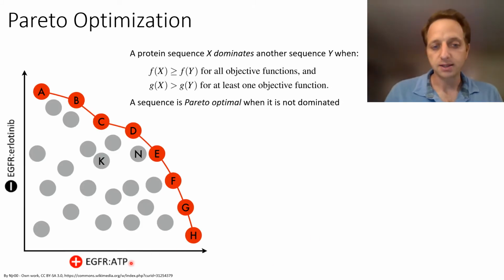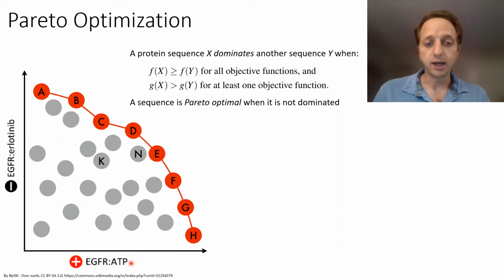Here we have positive design, or mutations that increase binding between a protein and its endogenous ligand. And here we have negative design, or mutations that ablate binding between a protein and its drug. We see that sequence E dominates sequence N because it is greater on the positive design axis, and sequence C dominates sequence K because it's greater on the negative design axis.